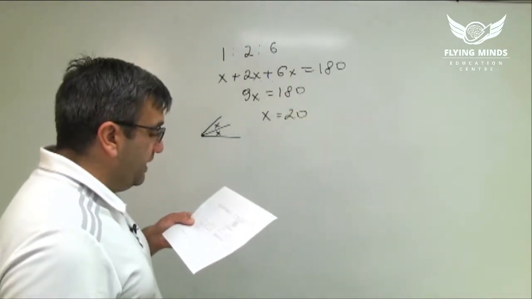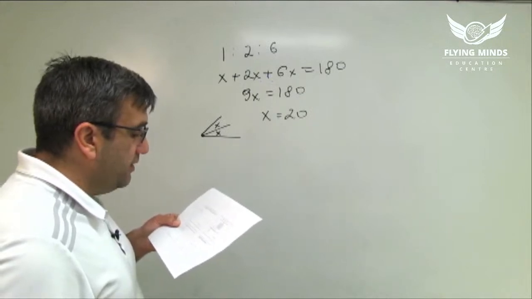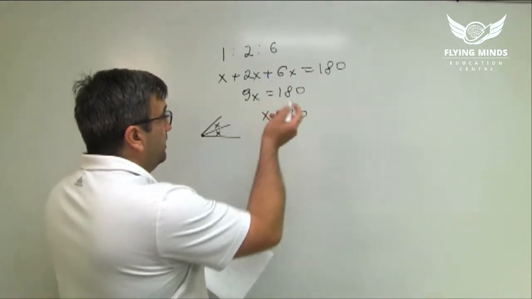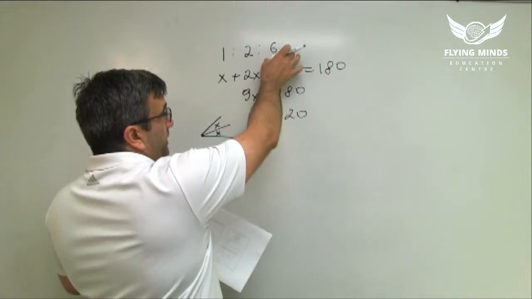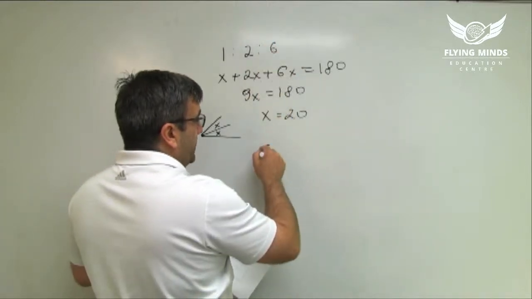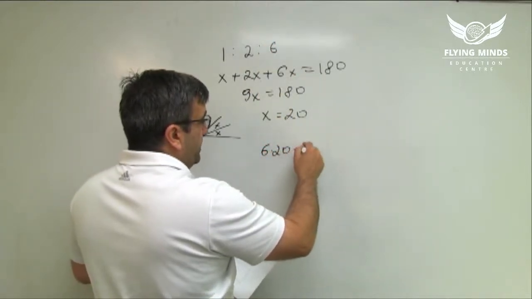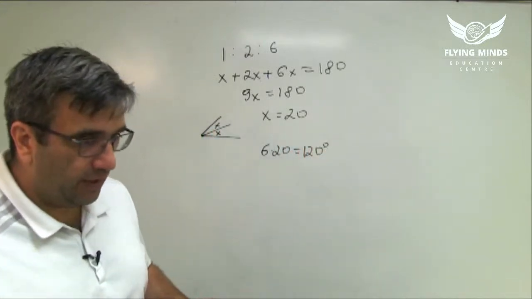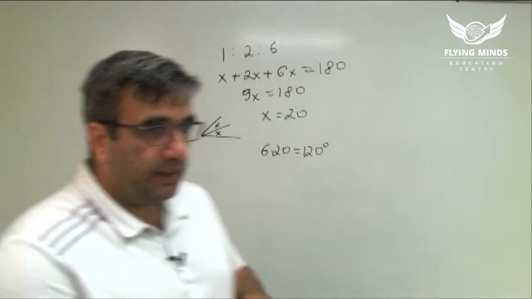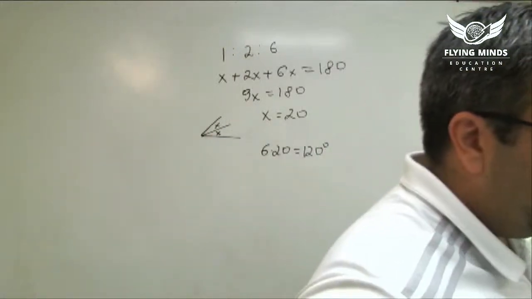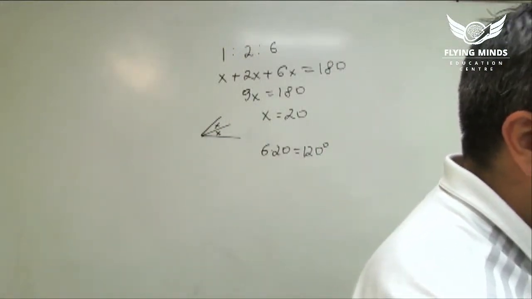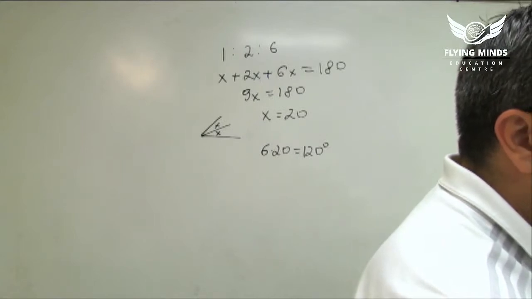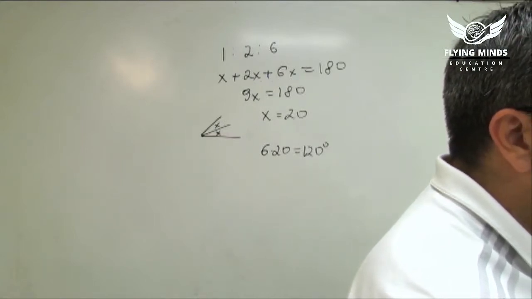And we need to find the measure of the largest one. The largest will be the angle that contains 6 of these parts. So 6 times 20 will be 120 degrees. Okay. Next question.